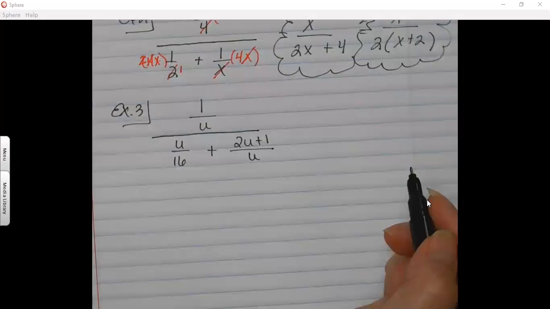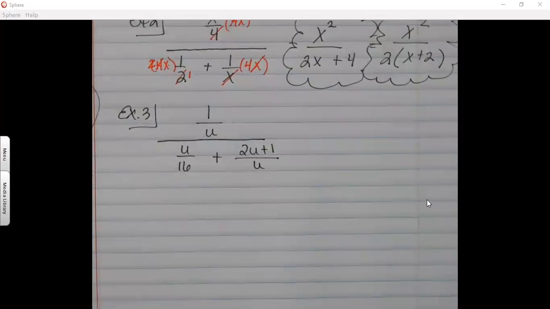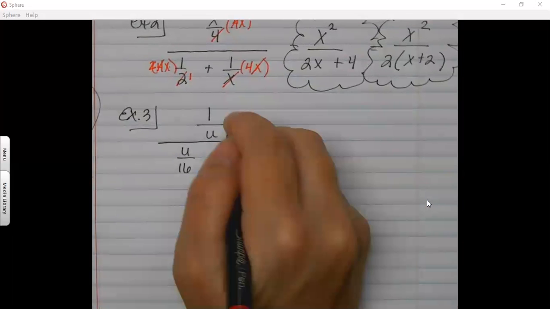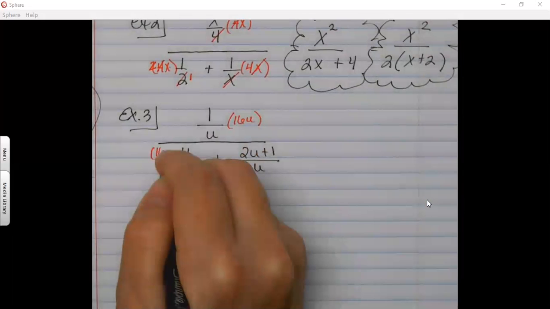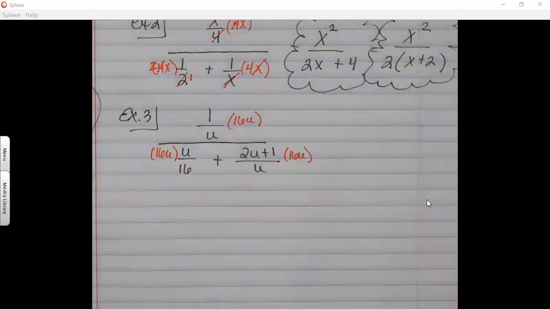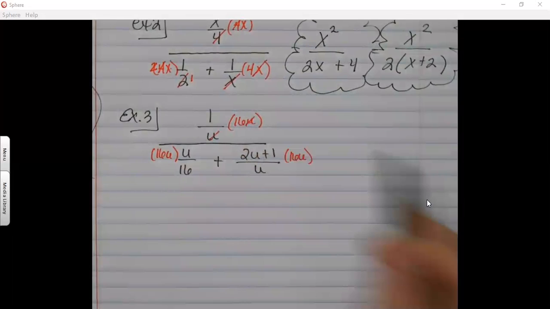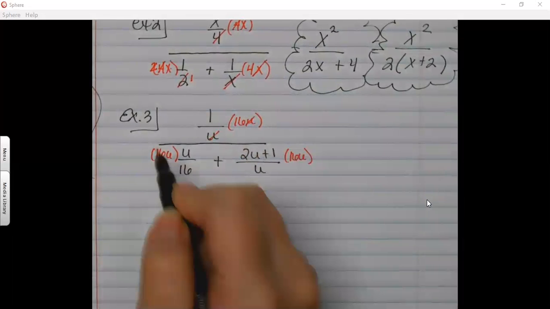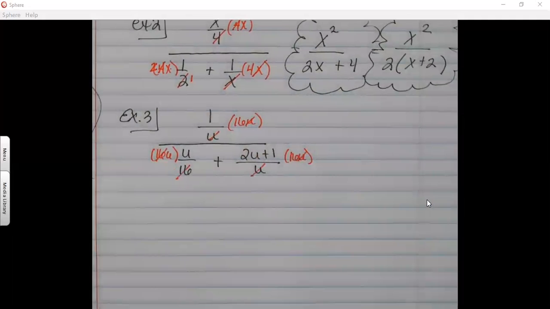What is my least common denominator? 16u. So let's see where I can reduce. In that top fraction, the u's will cancel each other out. Bottom left, 16 divided by 16 is 1. We see it canceled. And then that u and the u will reduce or cancel each other out.